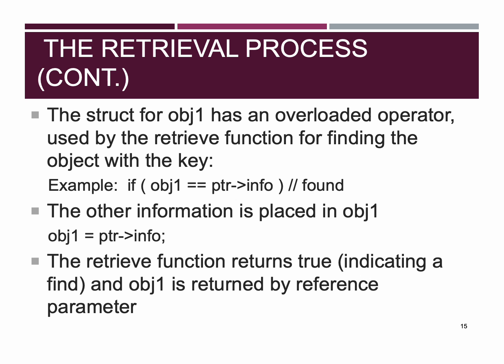Then finally, the retrieve function will return true to indicate that the object was found, and object 1 is returned by reference, meaning the calling program now has access to the full object information. So this is how the whole process shows how we can use operator overloading and references to efficiently retrieve and return objects from a linked list.